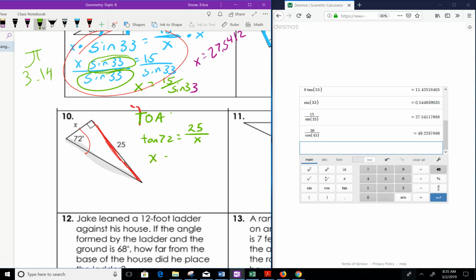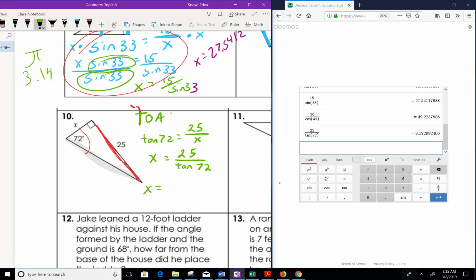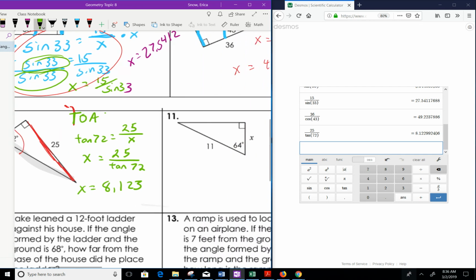So that means we're going to have x equals 25 over tangent 72. So we come over here, 25 divided by tangent 72, and we get that x is 8.12299. So we're going to say 1, 2, 3. That's how that's going to round.